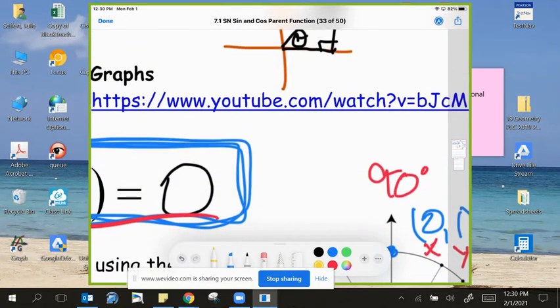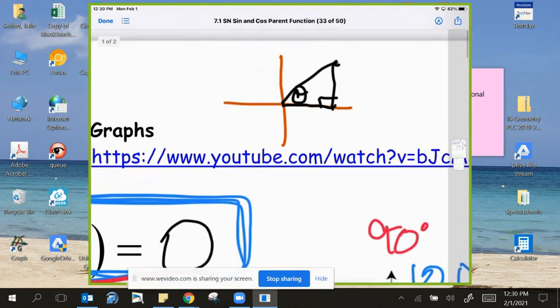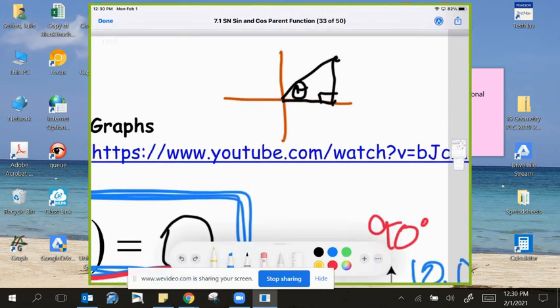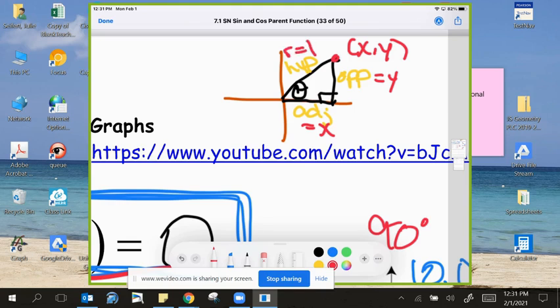All right, so as we label this triangle, because theta is always in the corner at 0, 0, the y is always the opposite. The x is always the adjacent. This point, x comma y, that opposite is y, that adjacent is x. The hypotenuse is the radius of the circle, and on the unit circle, that radius is 1.